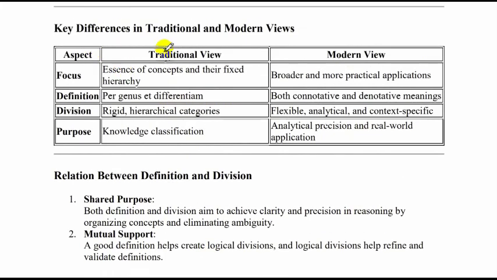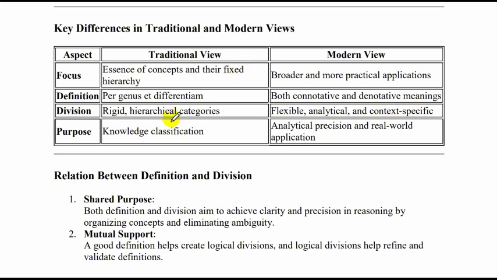We'll look at the key differences between the traditional and the modern view. Traditional view focuses on the essence of concepts and their fixed hierarchy, whereas modern view focuses on broader and more practical applications. Traditional view's definition is based on per genus et differentiam, whereas modern view considers both connotative and denotative meanings.